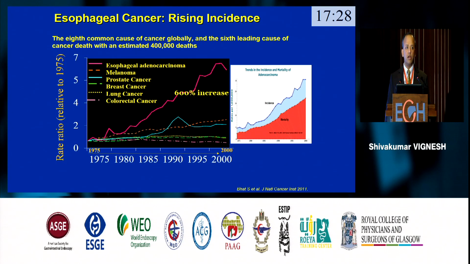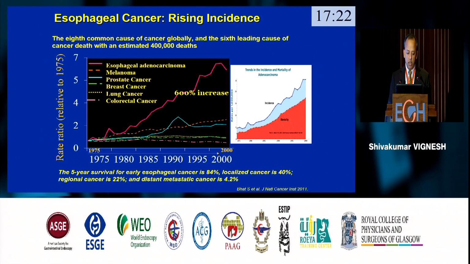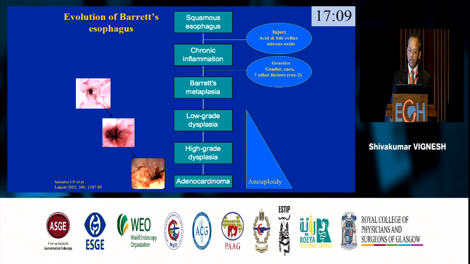Unfortunately, the mortality curve parallels that, and apparently we've not been able to impact the mortality. The mortality is stage-specific. So the 5-year survival for early esophageal cancer is 84%, localized cancer is 40%, regional 22%, and metastatic 4%. So by diagnosing this early, we can make an improvement in survival.